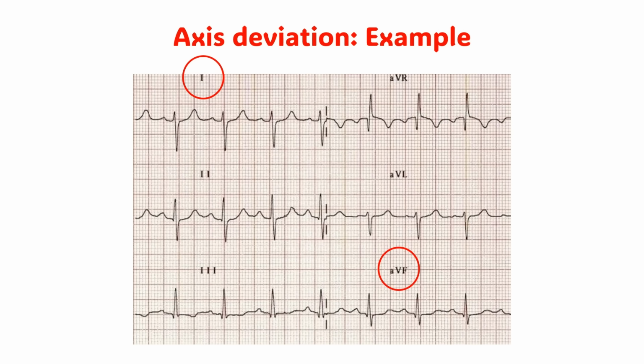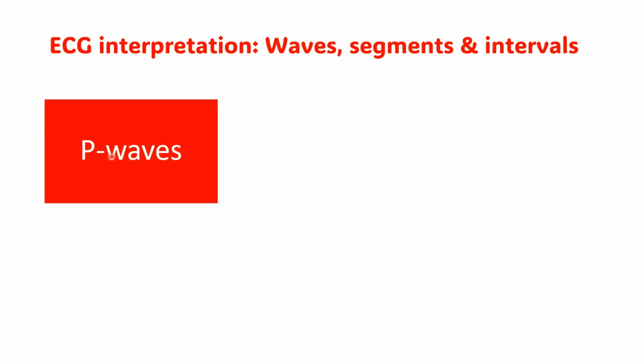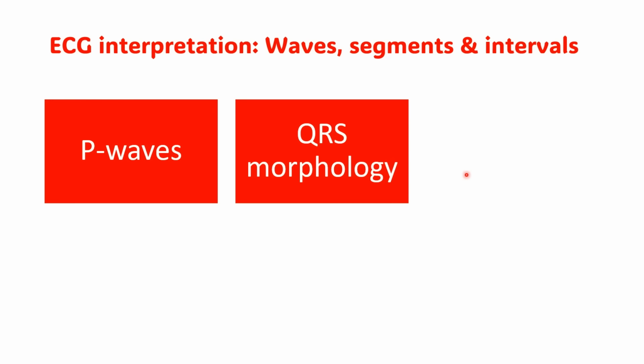Okay, and then finally, we're going to come to waves, segments, and intervals. So we have P waves, where you want to look at the height, the width, and the morphology, otherwise known as the shape. The QRS morphology: are all the QRS complexes the same height?